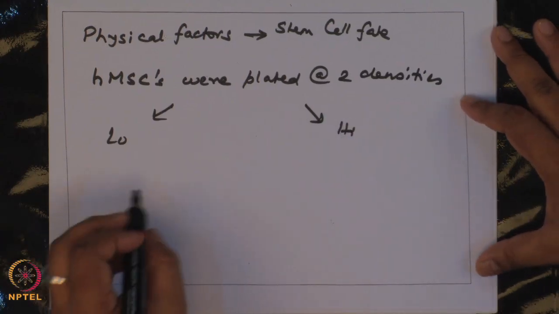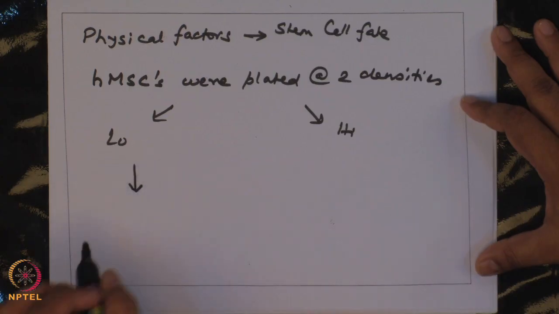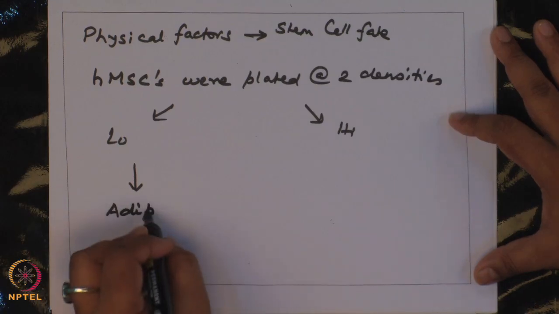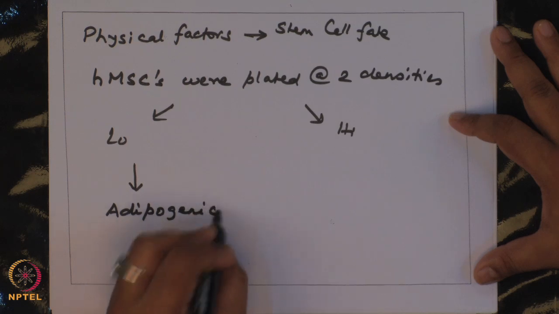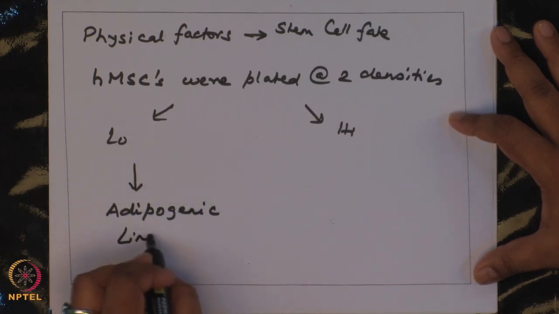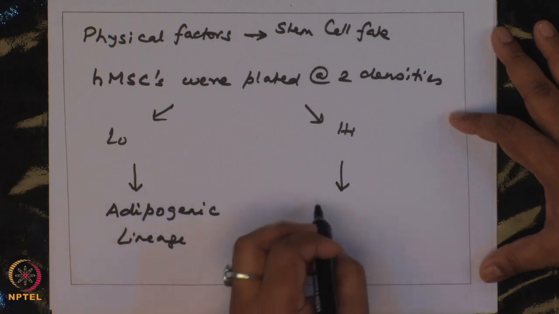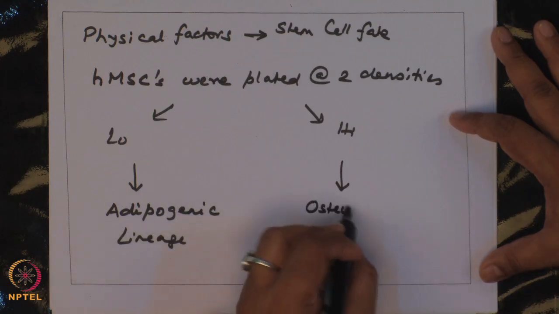And what the authors discovered was that at low density the cells tended to differentiate into an adipogenic lineage, and on high seeding density, they differentiated into an osteogenic lineage.